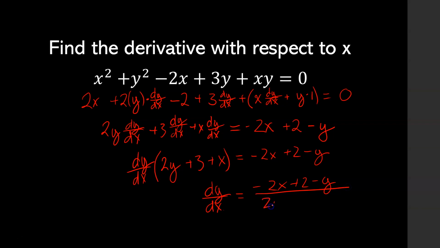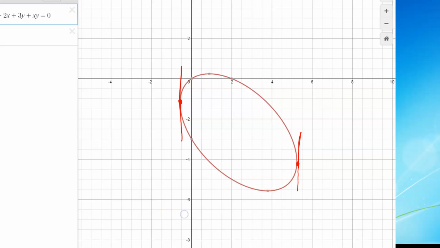Now it shouldn't be shocking that this derivative has both y's and x's in it. That's actually a good thing, because now if you have an ordered pair and you need to find the slope of the ellipse at that ordered pair, you just plug in the ordered pair. Why is that a good thing? Well, if you only know x is 4 and you don't exactly know the correct shape, you don't know which slope is correct.